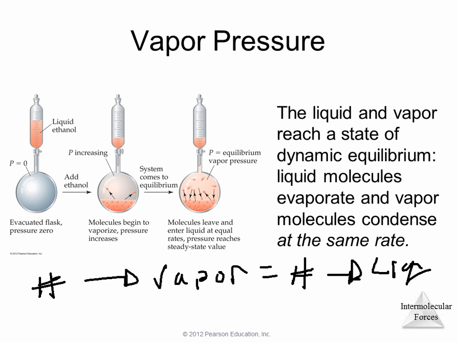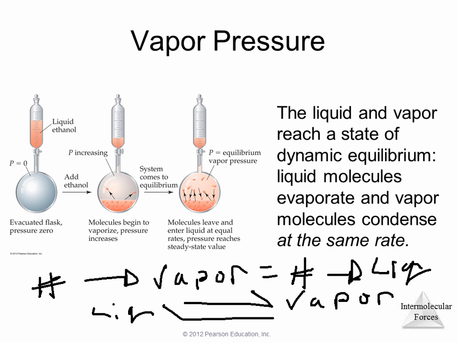Those are competing things. Going to vapor is one way, we'll just say that's the vapor direction, and going to liquid is this direction. This is where you see the double arrows for equilibrium. Those two rates become equivalent. That's when we have equilibrium vapor pressure.